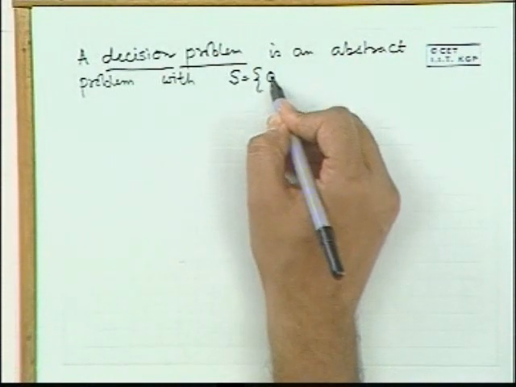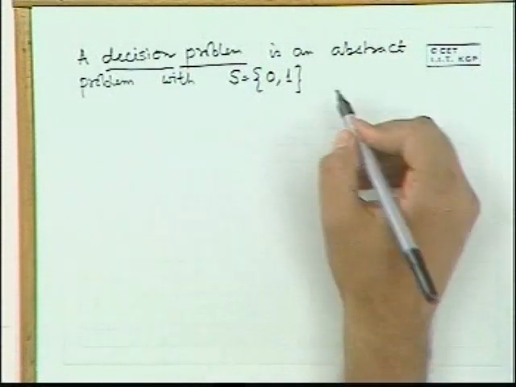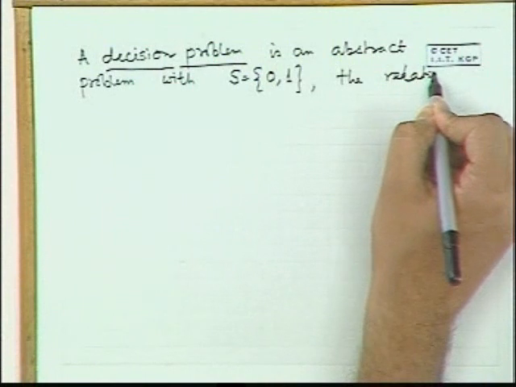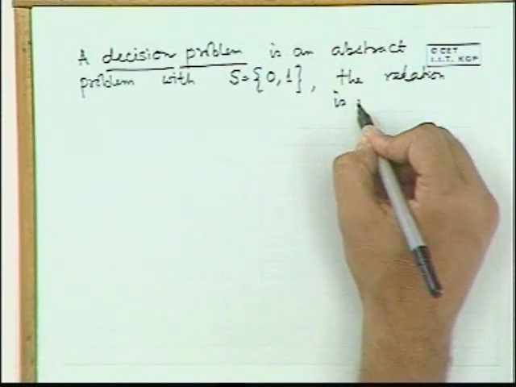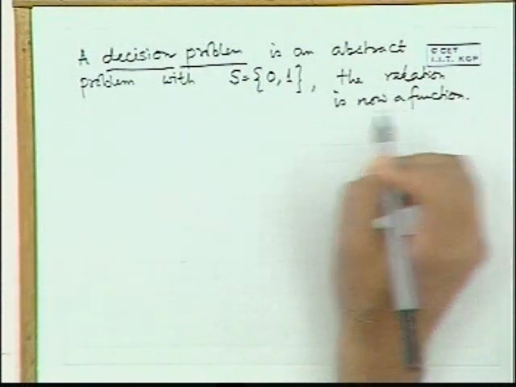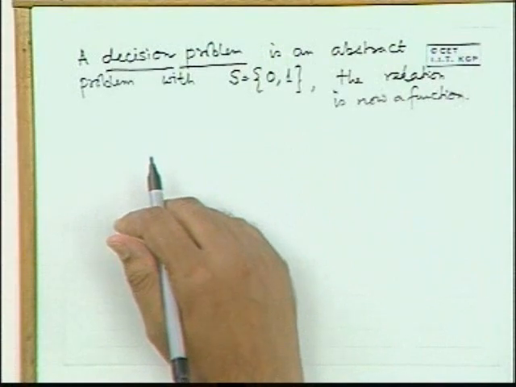So S has 0 and 1 only. The relation is now a function, which maps the instance to either 0 or 1.